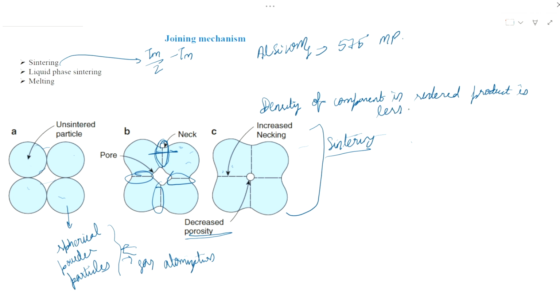Suppose we are using a titanium component, the density is 4.4 gram per cc, but the ultimate density of the part that we are getting won't be 4.4 gram per cc, it will be lesser. So this is the problem which usually occurs with sintering: density decreases.